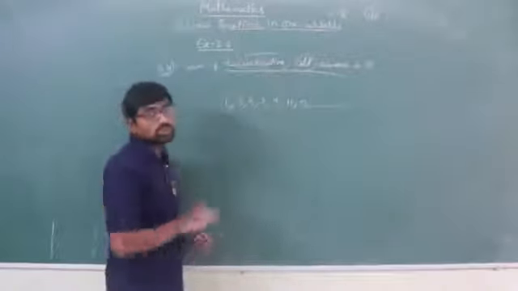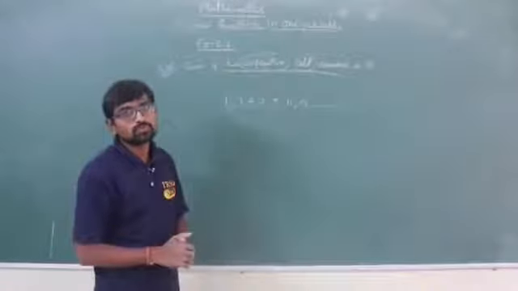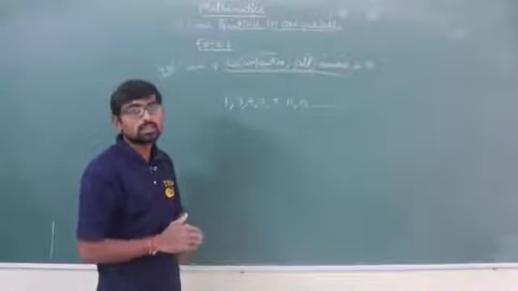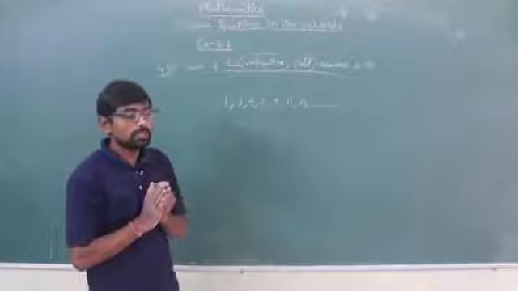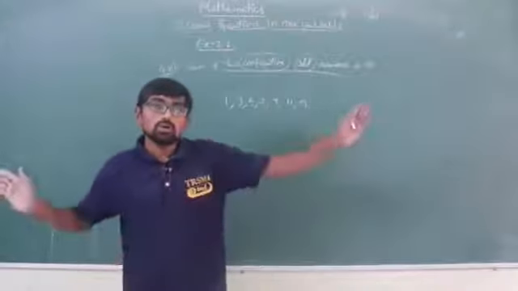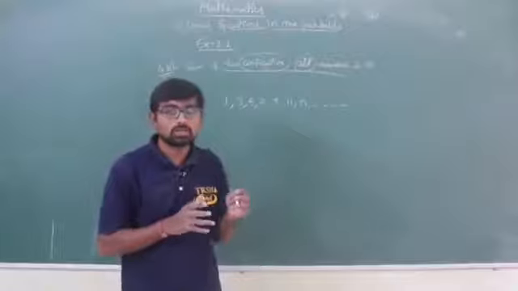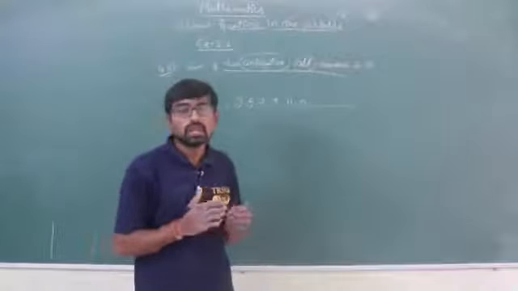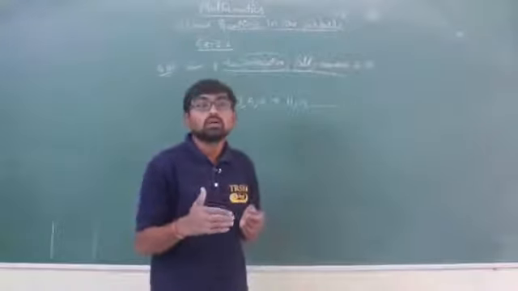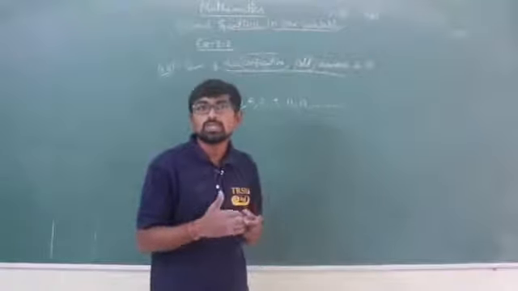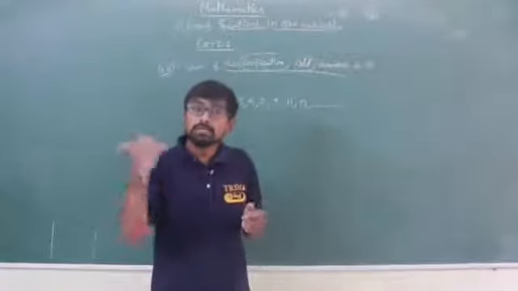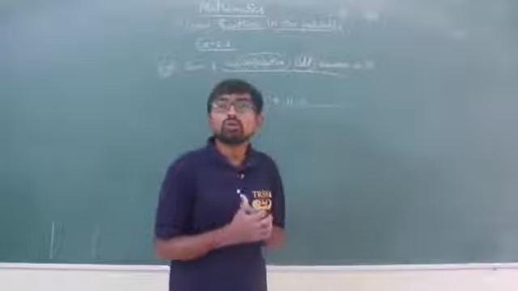Let me tell you, consecutive means one after another, isn't it? It means that the distance should not be longer, it should be shorter. So if I ask you, where does Ramu live? He is my neighbor. For whom will you say neighbor?